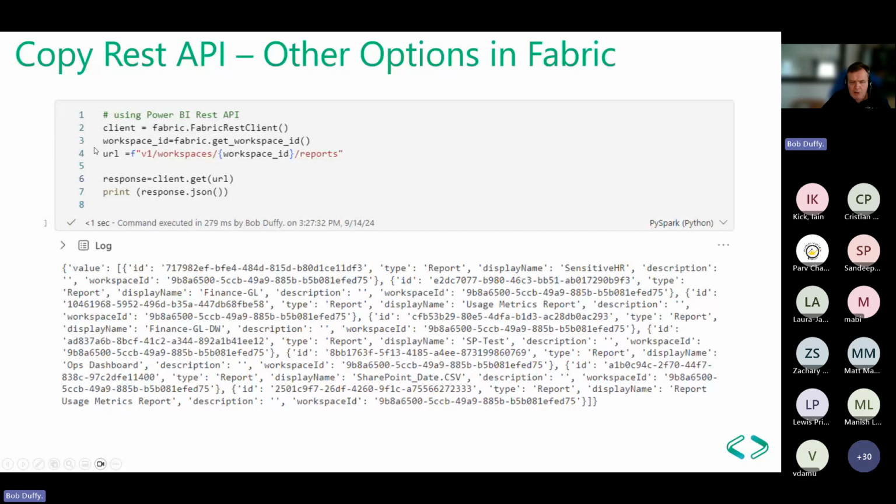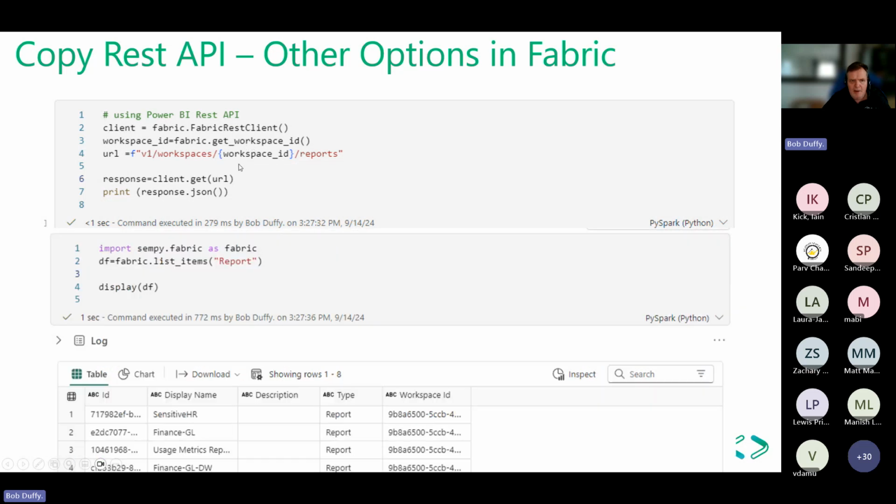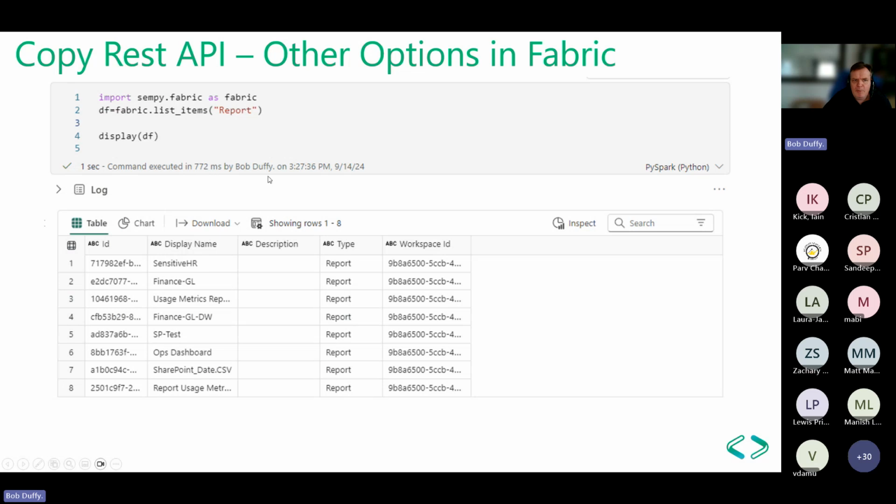Now, you can go a bit further, because in Fabric, they found that people didn't like working with the Power BI APIs because they have to understand the namespace of the API and inject the workspace ID and stuff like that. So they shortened it again with the semantic link library. That whole API work can now just be a 1-line call, right? Now, bearing in mind that the semantic link is a wrapper, and the wrapper has an overhead.